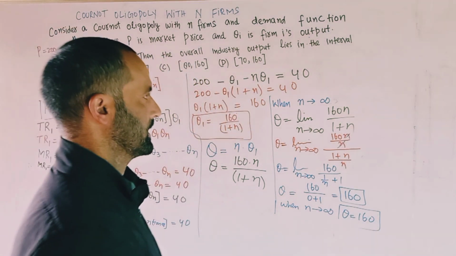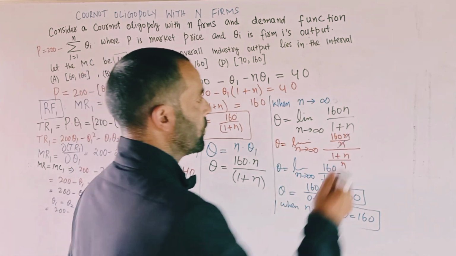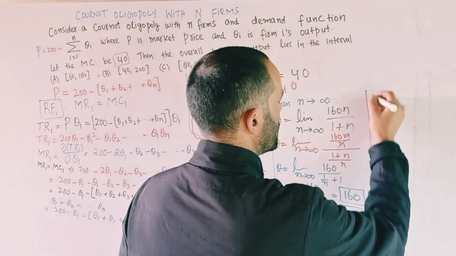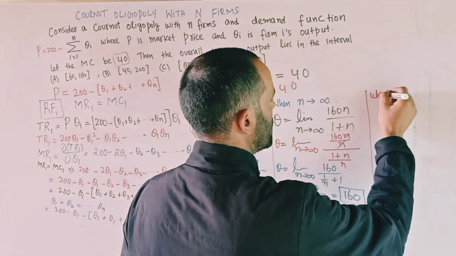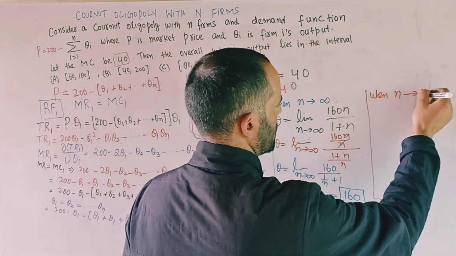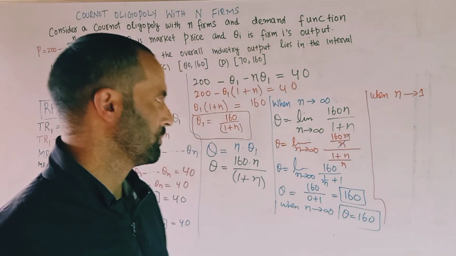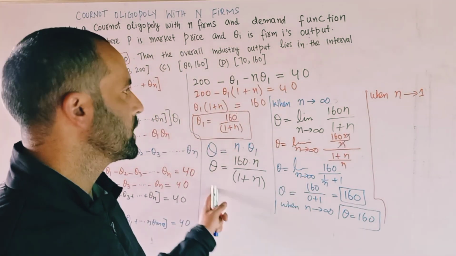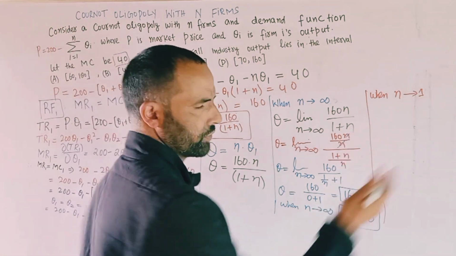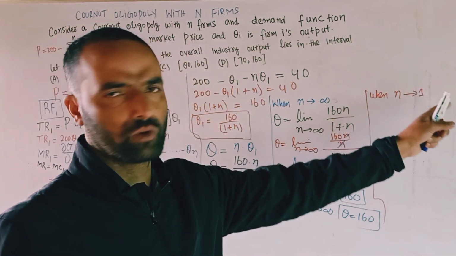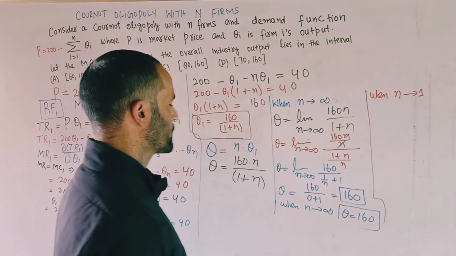So this is one case. Another case is when n is equal to 1. Simple thing. In this equation, when we have only one firm, we can just put n is equal to 1 or use the limit. It's up to you here.